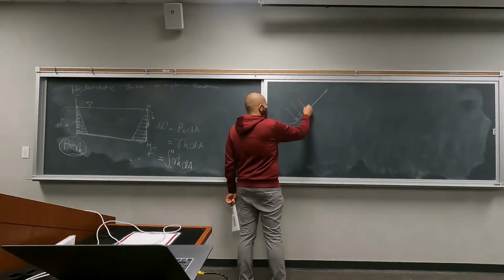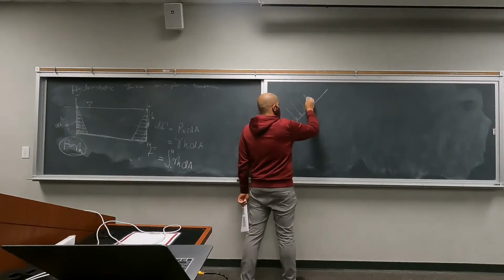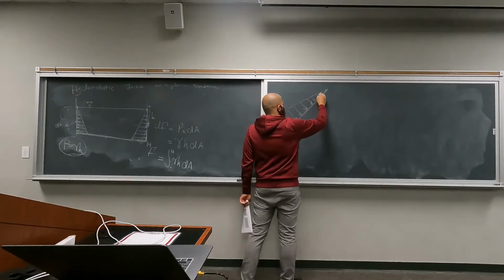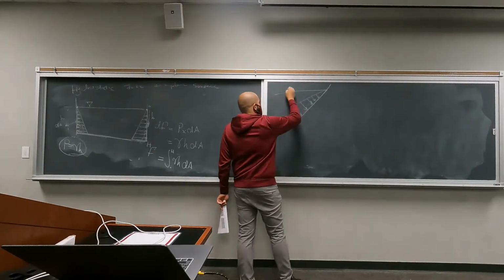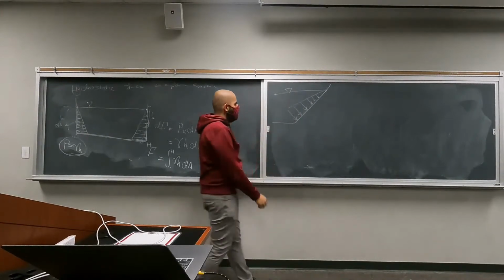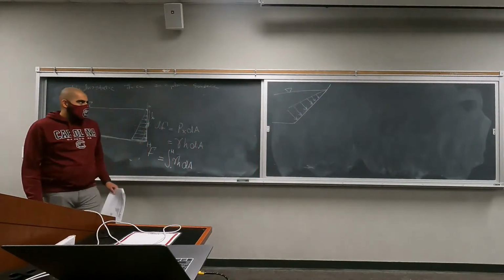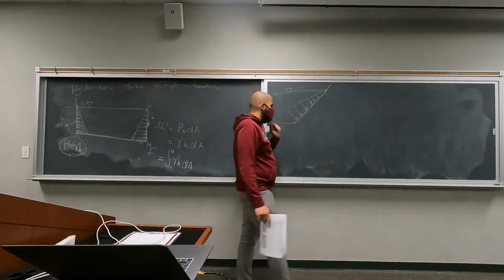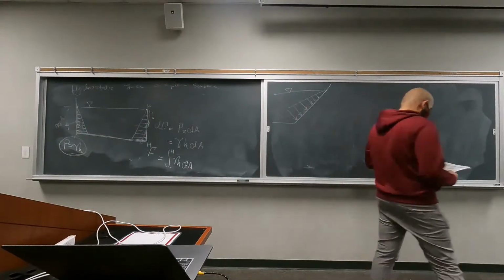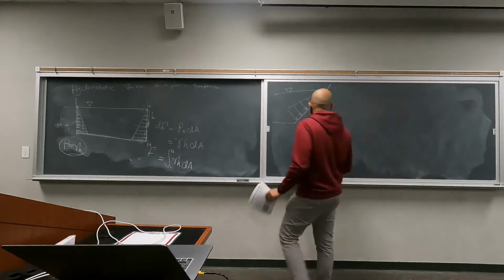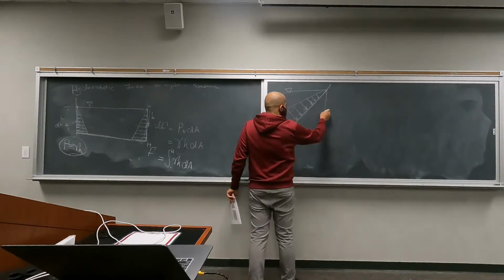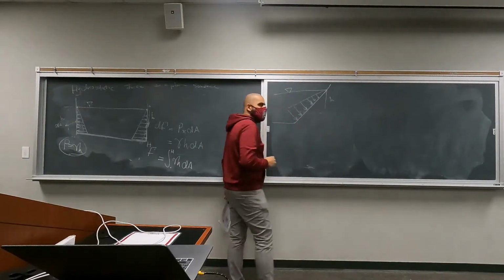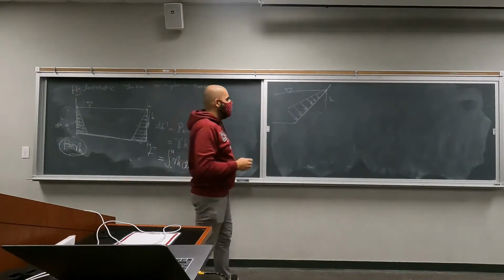Pressure is always normal to your surface, and it is changing with your height. Let's say this is your free surface here. We want to find the total force that is being exerted by this fluid on this wall. The idea was this height, h, is the determining factor, not this length, right?